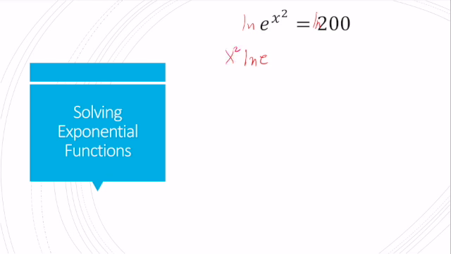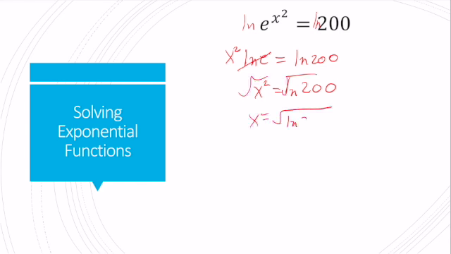So x squared times the natural log of e equals the natural log of 200. The natural log of e is 1, so I have x squared equals the natural log of 200. I'm going to go ahead and take the square root of both sides. So I have x equals the square root of the natural log of 200.